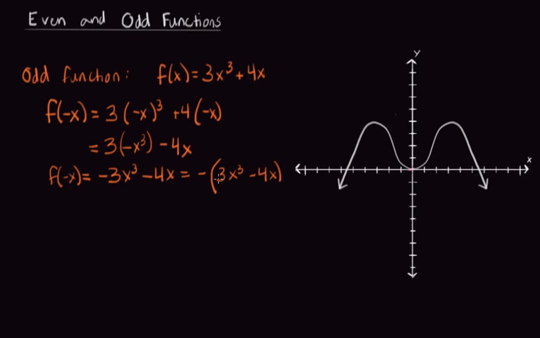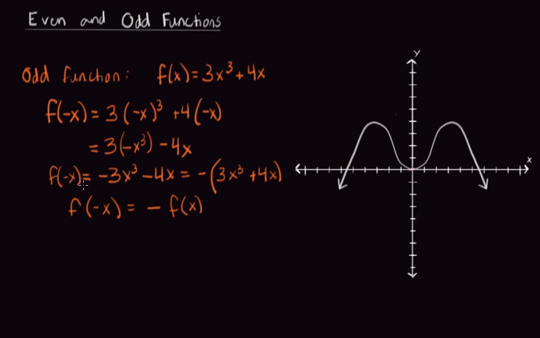And that's true of all odd functions. So for all odd functions, if you plug in f of negative x, it should be equal to the original function, but everything is multiplied through by a negative 1.